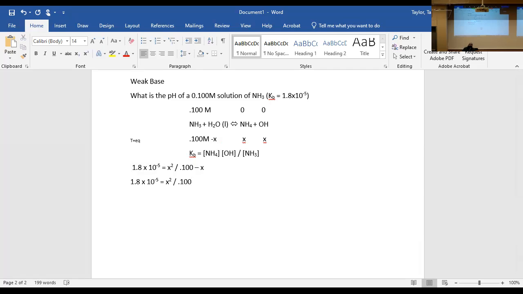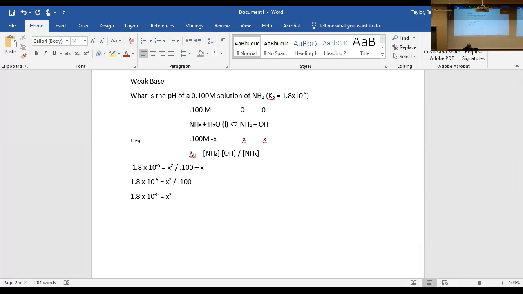So we multiply 1.8 times 10 to the negative fifth by 0.100. And we get 1.8 times 10 to the negative 6. Okay. And that is equal to X squared.